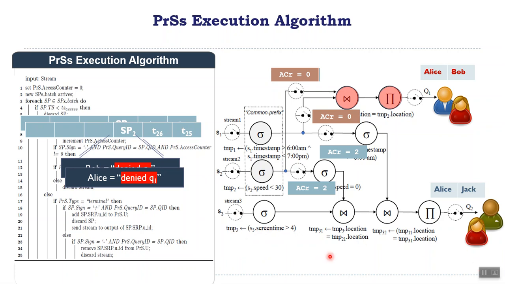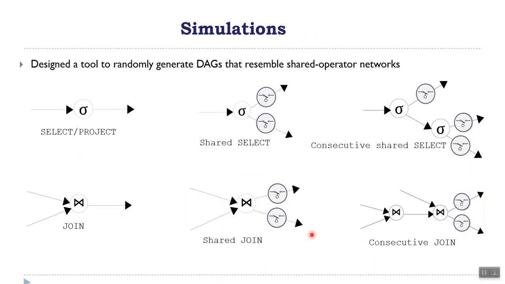To test the performance of our system, we have implemented a random generator that generates directed acyclic graphs that resemble shared operator networks. This tool takes as input the number of input streams, the number of interleaved queries, how many users are executing those queries, the required number of query operators, and the degree of sharing, which is the percentage of operators that are defined as common prefix, and accordingly it generates directed acyclic graphs resembling shared operator networks.